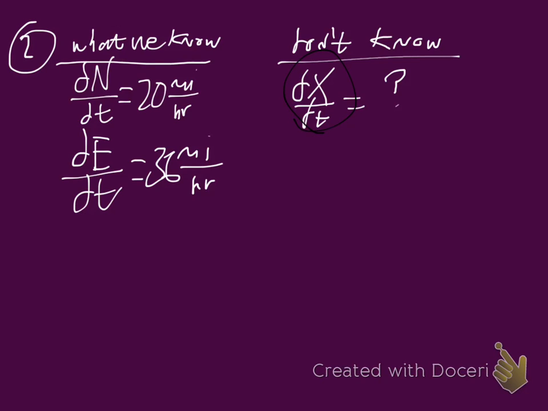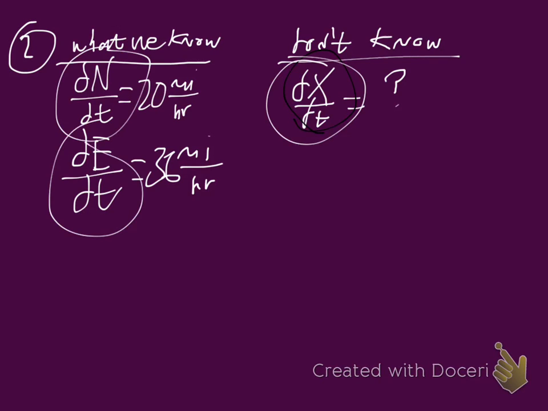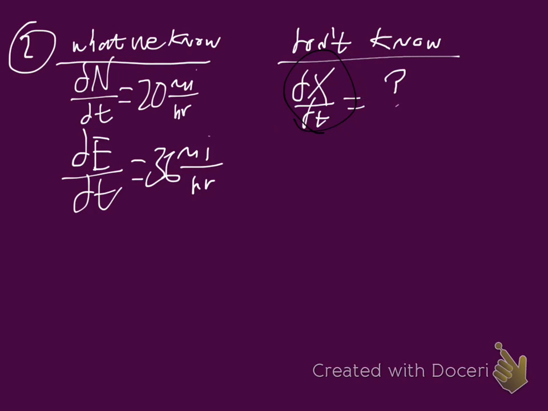So we want to find a relationship between all of these things. Now the problem is that between dn dt, de dt, and dx dt, usually you can't find a relationship between rates because you don't know formulas of rates. We don't memorize formulas that have to do with rates, which is why you usually have to think of a formula that involves distances or something, and then you can differentiate it to get a formula that involves rates.